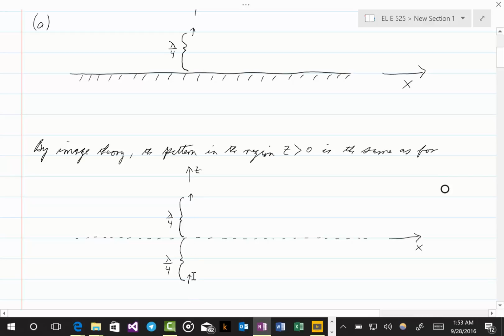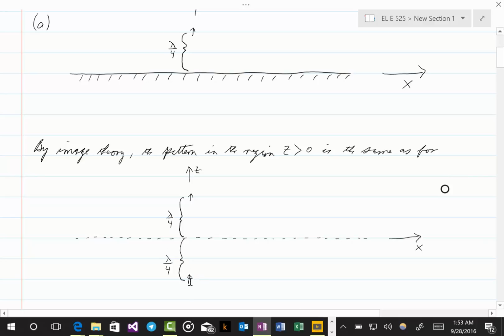And remember that that's the way we do image theory for an electric current. The image of an electric current in a perfectly conducting plane, the vertical component will be the same for the image. The horizontal component will be reversed.